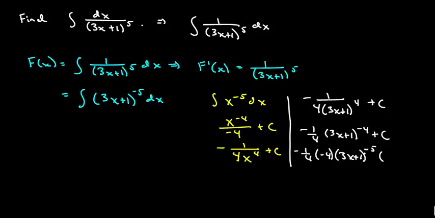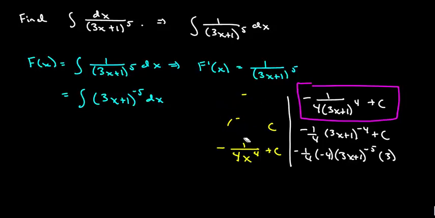But then we have to multiply it by the derivative of the inside. So what happens here? Well, the derivative is 3 times what we want. So what I'm going to do is divide this by 3. And so if I do that, instead of using this guy right here, okay, let me erase this now so we have some room.